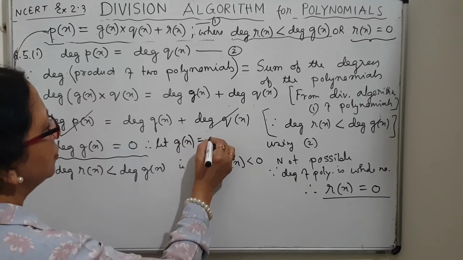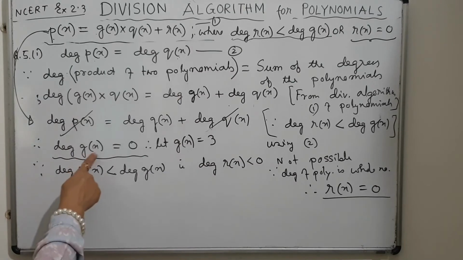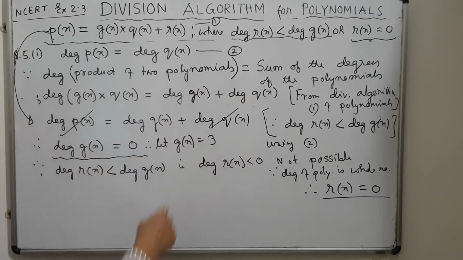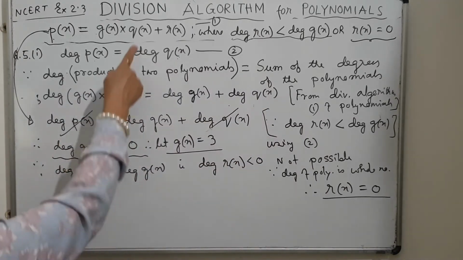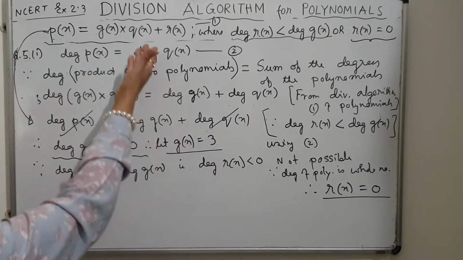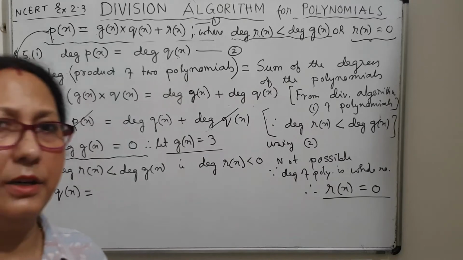Let me take 2, 3, 4, anything. Let me take 3, because a polynomial with degree 0 is a constant. So I am taking an arbitrary constant, and I have taken 3. So I know g(x), I know r(x). Now the only thing left is q(x); if I know q(x), then I will know p(x). So q(x) I can choose. Let q(x) be any linear or quadratic.